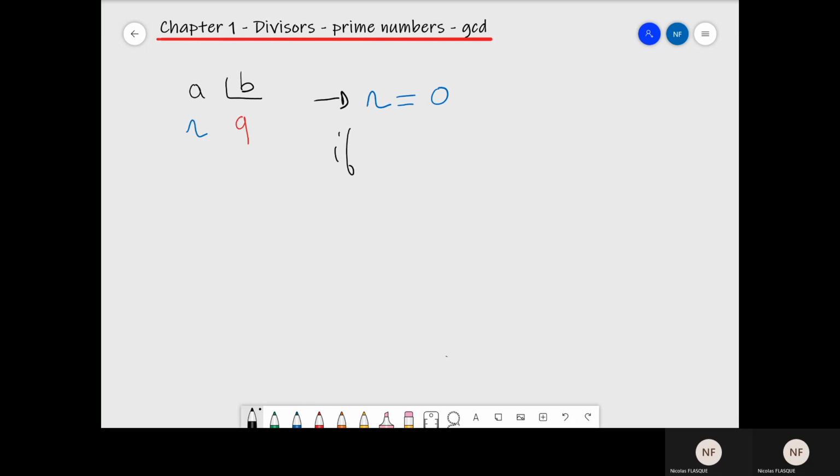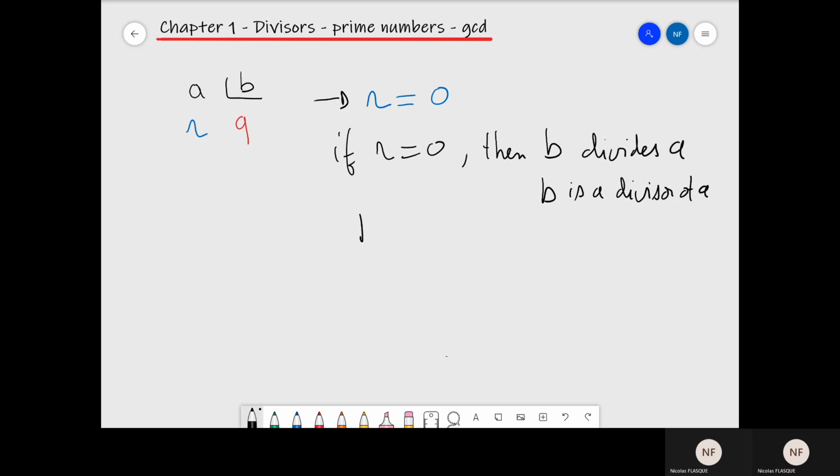so sometimes r can be equal to 0. If r is equal to 0, then b divides a, or b is a divisor of a. We can write it down using the following little symbol, a vertical bar: b | a.